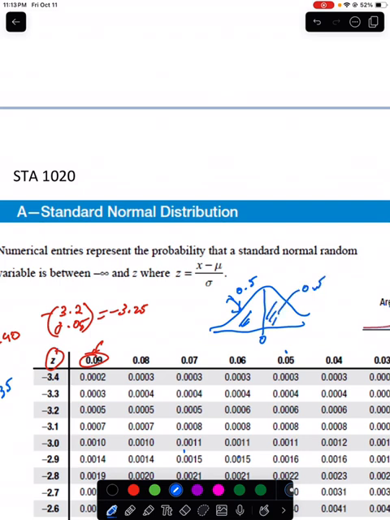So if our z-score is over here, the area value must be less than 0.5. And if the z is on the right side of the mean, then the area value must come out to be more than 0.5. It cannot be more than 1 because maximum area has to be 1. So it has to be greater than 0.5 if the z-score is on the right, and less than 0.5 if the z-score is on the left.